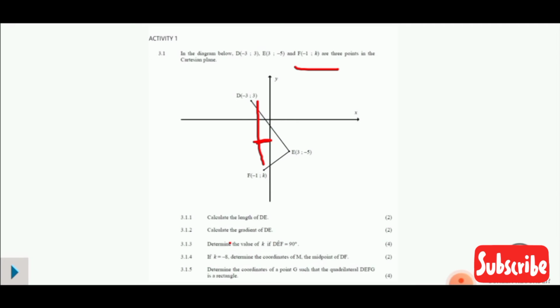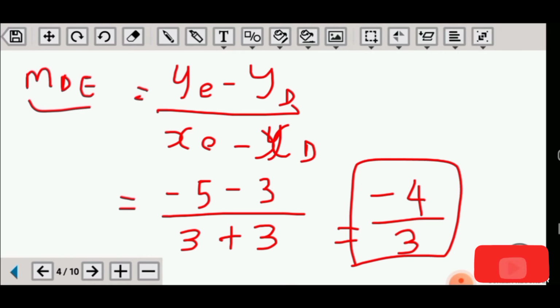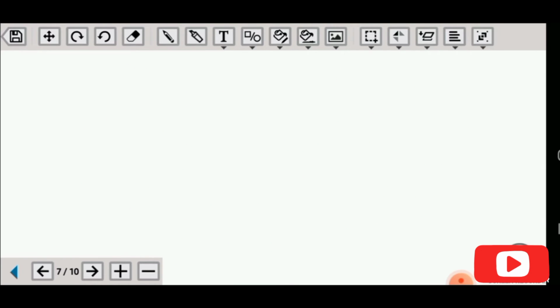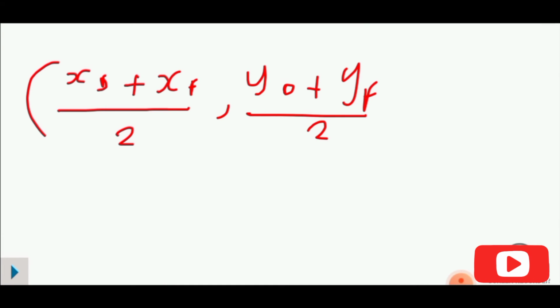So the midpoint formula goes as follows. It's XD plus XF divided by 2, point YD plus YF also divided by 2.